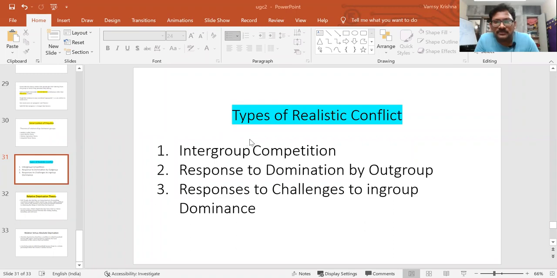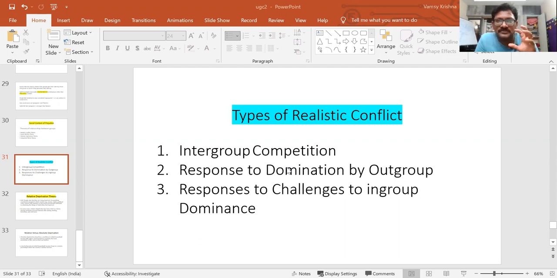And when we talk about realistic conflict theory, we talked about stable oppression. So what is stable oppression? It's nothing but false consciousness, which is holding false or inaccurate beliefs that are contrary to one's own social interest, which contribute to maintaining the disadvantaged position of the particular group.